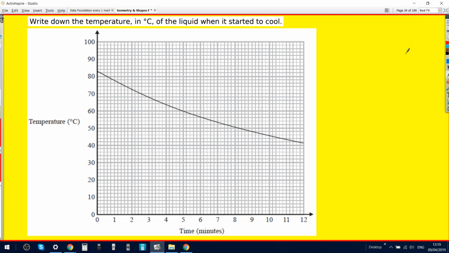How about this one? Write down the temperature in degrees when it started to cool. It started to cool. So the temperature is obviously dropping from 80 to, is that 81?